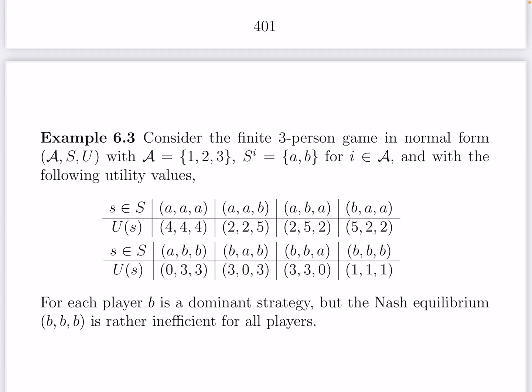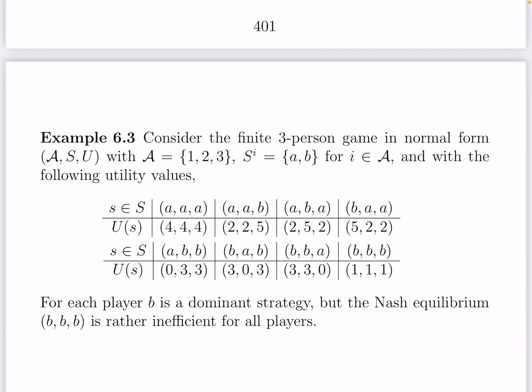So let's look just at the values for a moment. If all 3 have chosen A and then one thinks whether to turn to B, then his utility will increase from 4 to 5, but the other 2 players' utilities will decrease from 4 to 2.